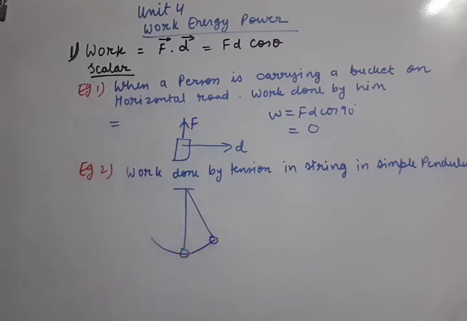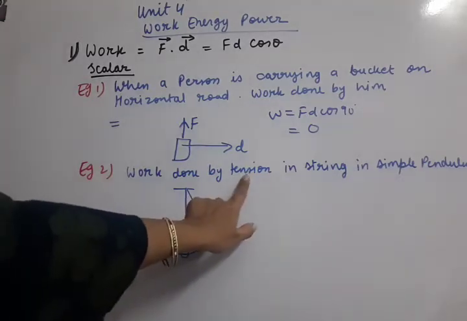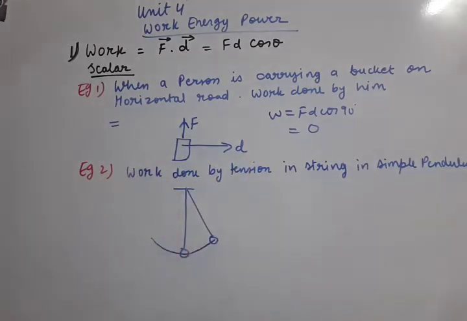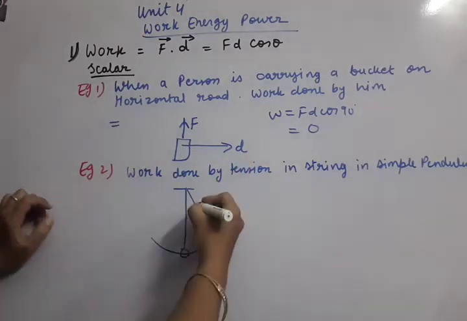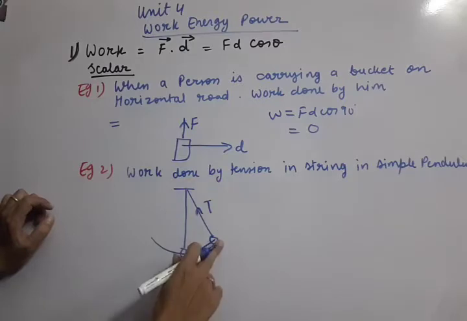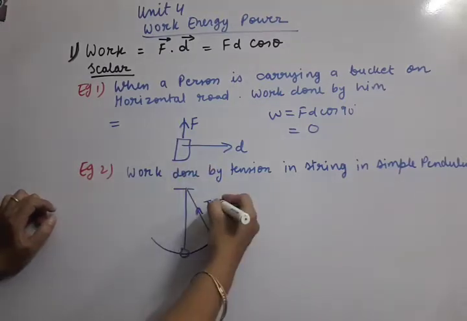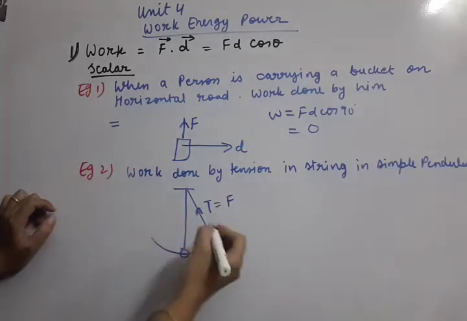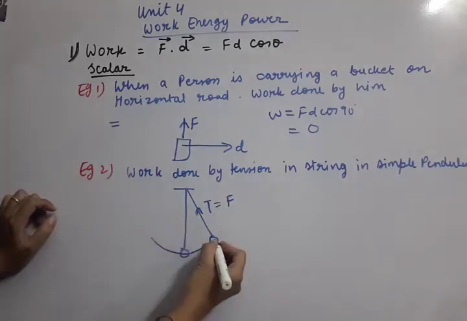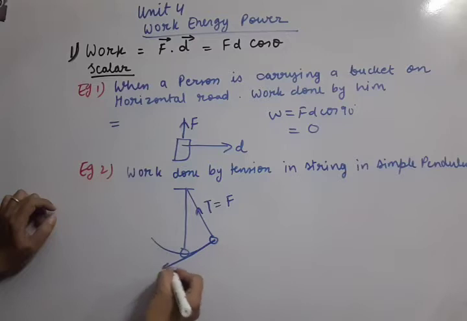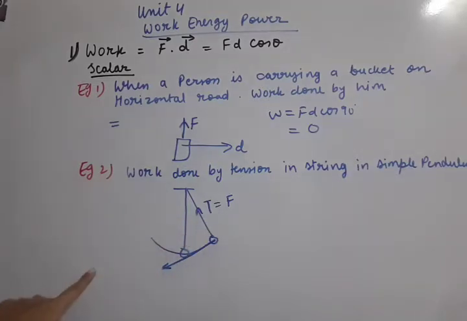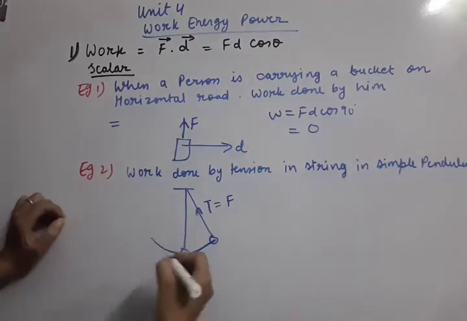Here we have to understand the work done by which force? Tension force. So which force is asked also matters. Let us show the tension force. Tension is always towards the support. Suppose we are talking about this case, tension is towards the support. So this is our force in this situation. When the ball is released, it will move in this direction, so make a tangent straight line for the displacement direction.